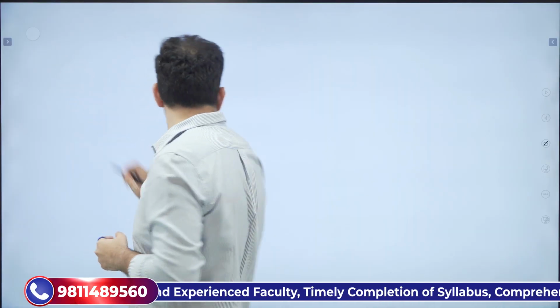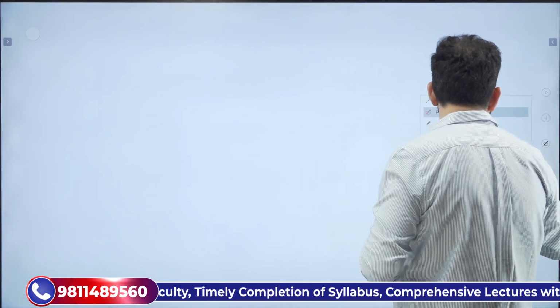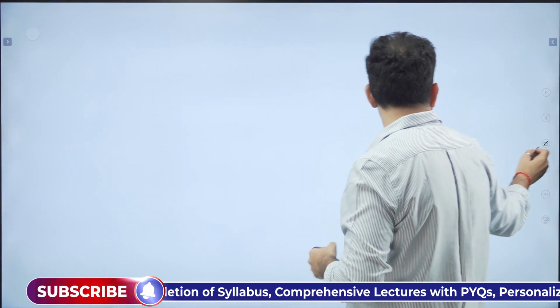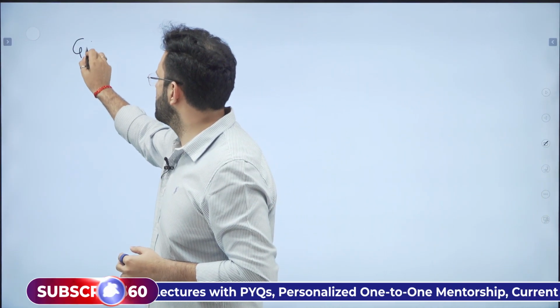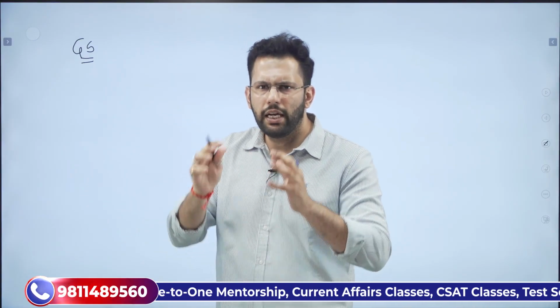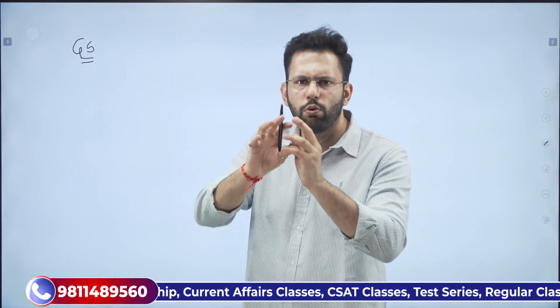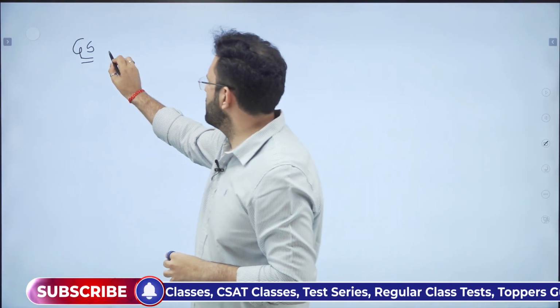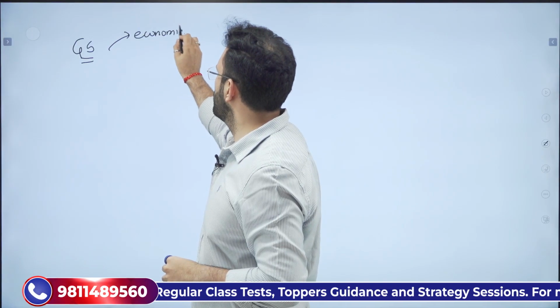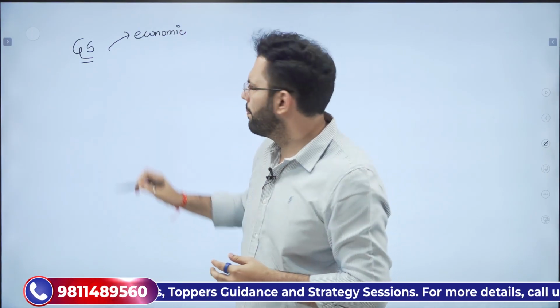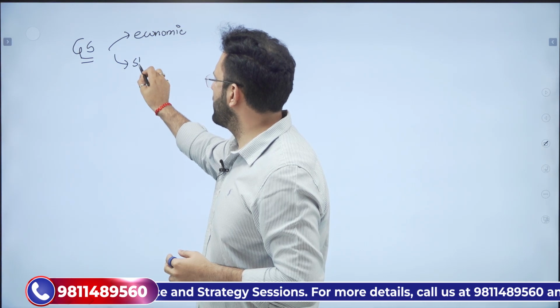Suppose I am preparing this question from the perspective of GS. What will I search for? I will basically search for facts and data, and I will club my answer into four domains. What is the economic dimension of the partnership between India and Japan? What is the strategic dimension?